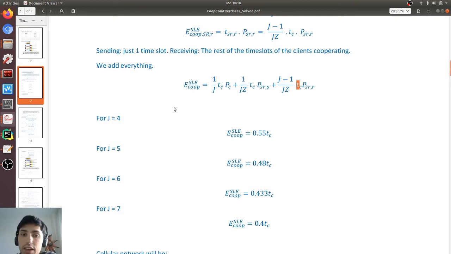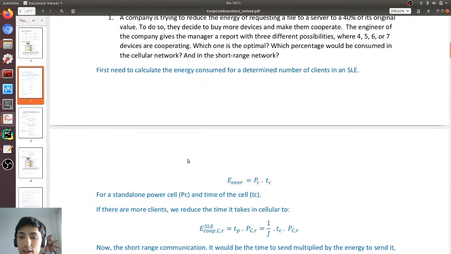So we can just get for J equals 4, 5, 6, and 7, which is the report that the engineer gave, and we see that here we can reduce the energy by 0.55. Here by 0.48, here by 0.433, and here by 0.4, which is 40% of the total energy that we had, because now we can divide this here.